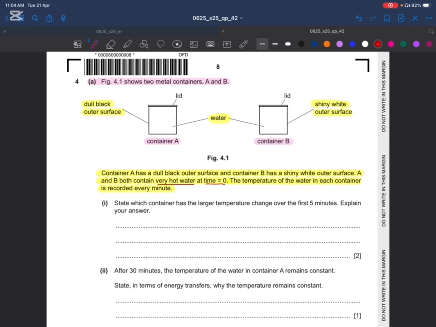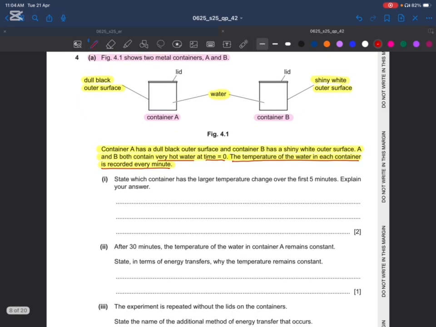The students are measuring the temperature after each minute. State which container has the larger temperature change over the first 5 minutes.